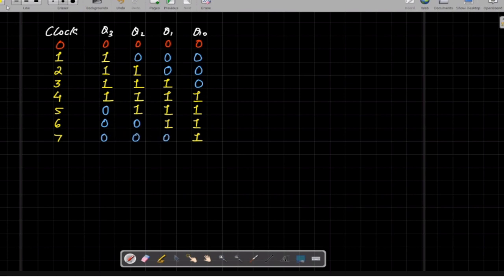For the 8th clock all become 0 0 0 0, and when the 9th clock comes in again, then you will have this 1, and this pattern repeats again and again.